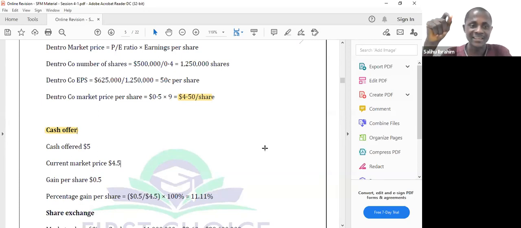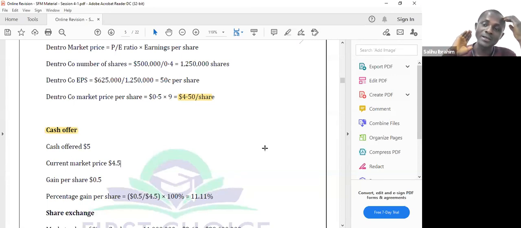But if it is narrowed, for example, the advantages and disadvantages of the cash offer to Sigraco, then you only tailor your solution to Sigraco. And if the question is directed to Sigraco, you tailor your solution to Dentroco. You understand now? Now, I'm going to give you the two.